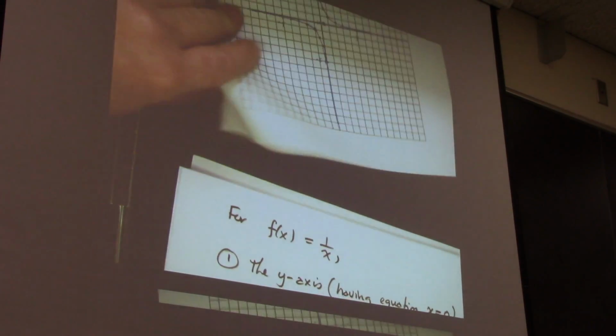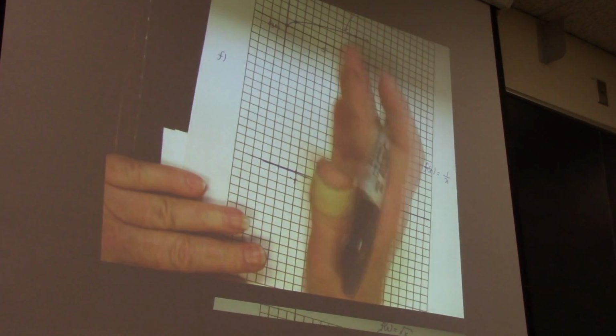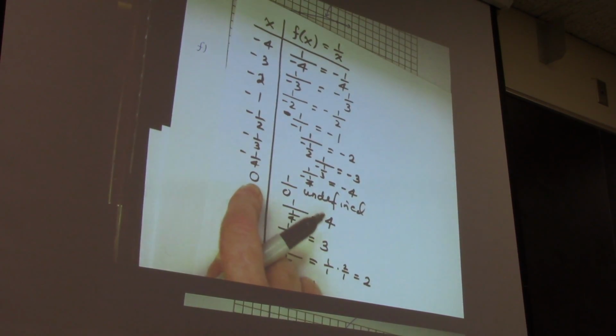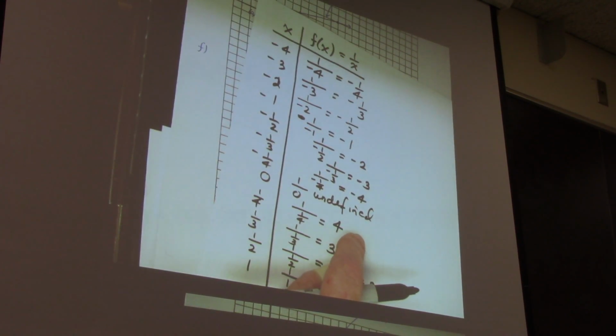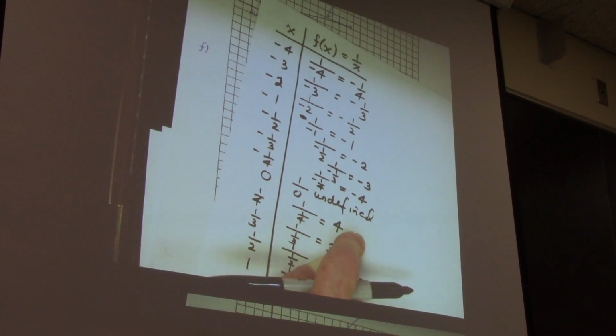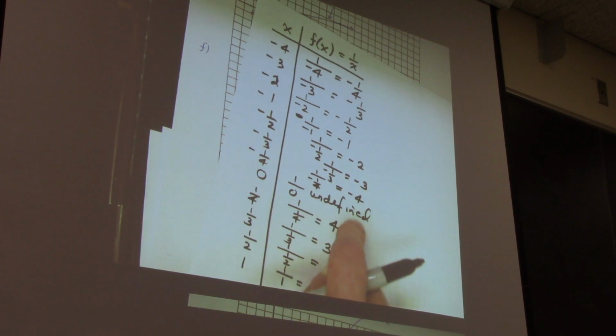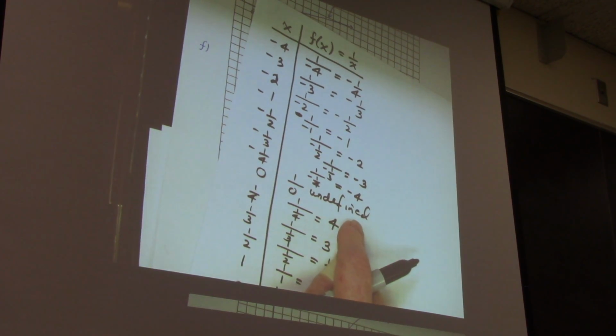Now, when you have a vertical asymptote for your graph, it occurred at the x value that made the function undefined, that made us divide by 0. That's how vertical asymptotes are always going to occur. They're going to occur at any x value that makes you divide by 0.